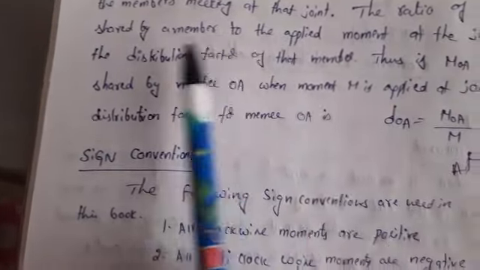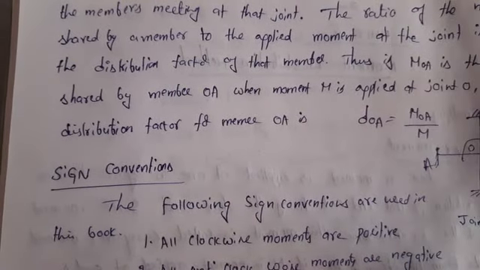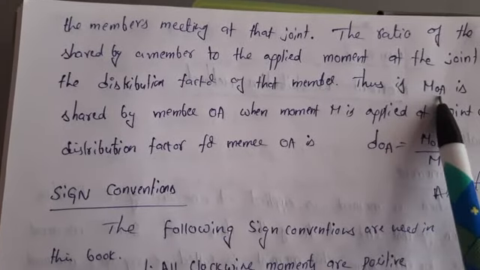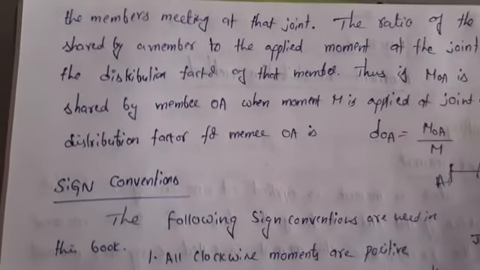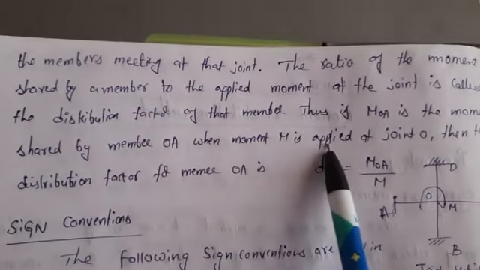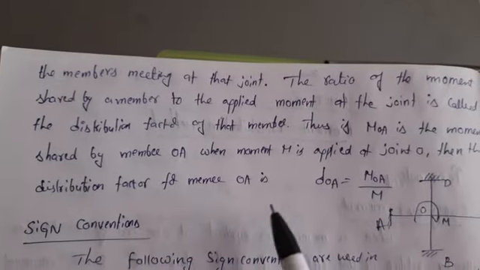The ratio of the moment shared by a member to the applied moment at that joint is called the distribution factor. Thus M O A we have to assume as the moment shared by the member OA, when the moment M is applied at the joint O.